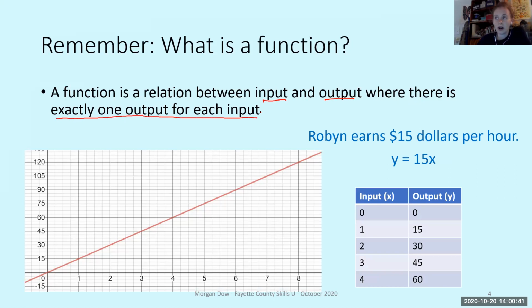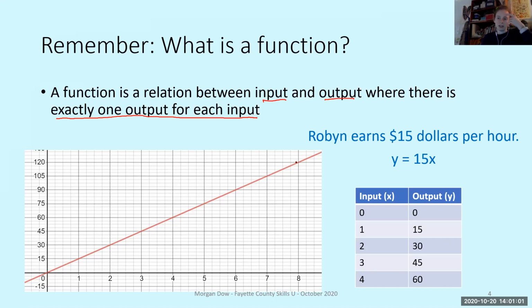So if you think back to our toaster from last week, right? You put one piece of bread into your toaster, you expect to get one piece of toast out of your toaster, right? You don't expect to have a magical toaster that gives you two pieces of toast, one piece of bread in, one piece of toast out.